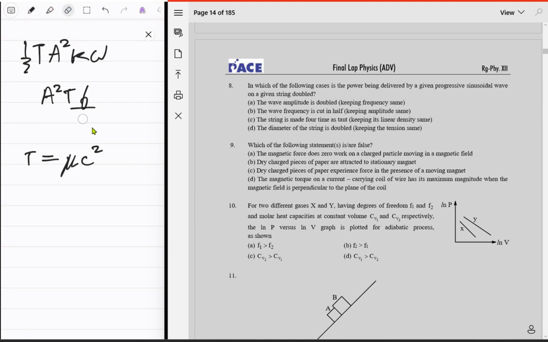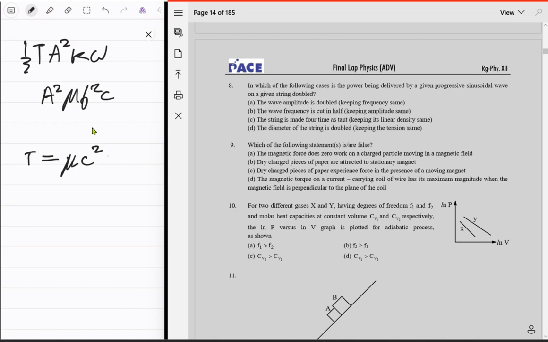So write it as c upon f, so you get this thing f squared upon c in that case. So you made the string 4 times taut, then your c becomes what, mu times c squared. So basically like what? This thing, right?